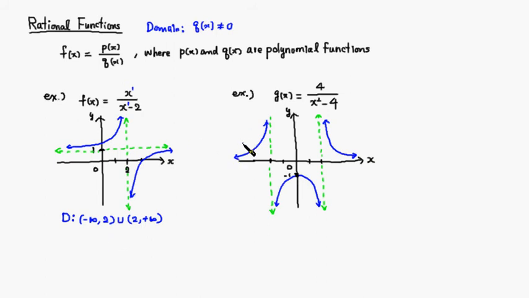All right, and a couple more terms. If you look at the graph of this function x over x minus 2, the graph is shooting up this way and shooting down coming from the right. So that vertical line right here at 2 is called the vertical asymptote.